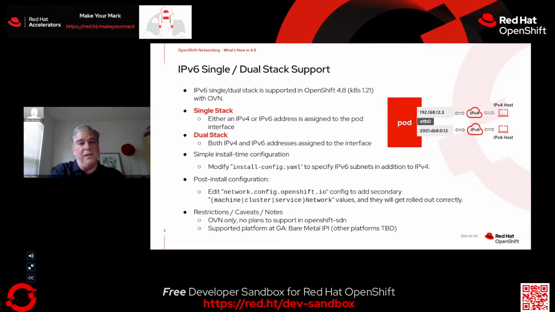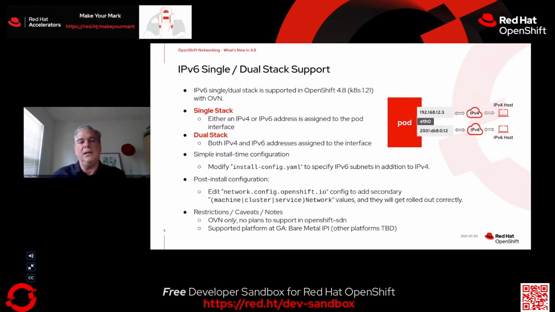Dual stack, on the other hand, means that the pod interface has both v4 and v6 addresses assigned to it, as depicted in the graphic that's on the slide. So what that means is that the cluster can communicate with any internal or external endpoints that are using one of v4 or v6.